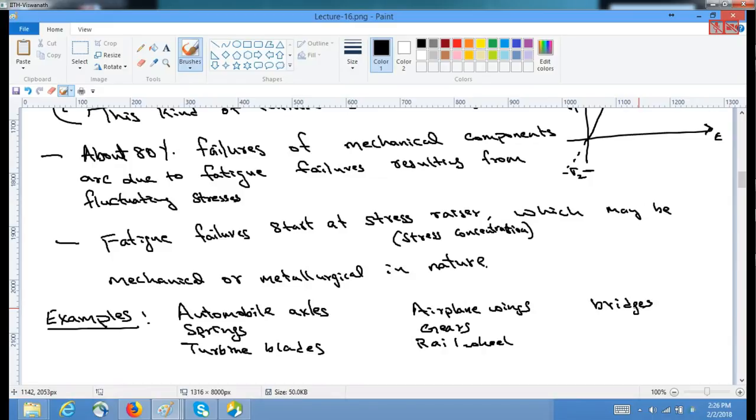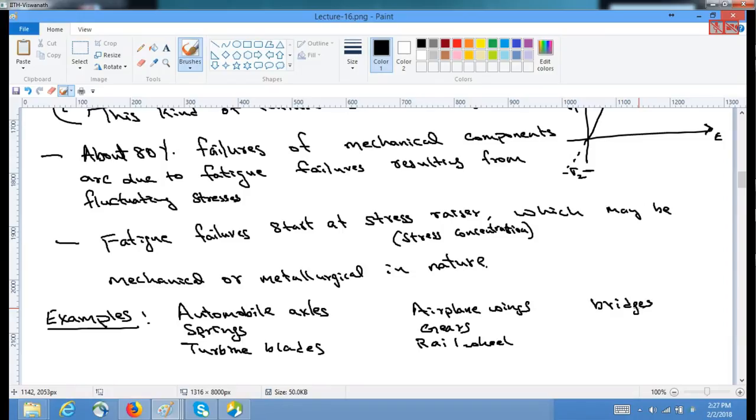Take an airplane flying from location A to location B. During takeoff, it is subjected to heavy loading, then it has a minimum region, and again when landing, it has to take a very big cycle of heavy loading. You can consider takeoff, cruise, and landing as one cycle.